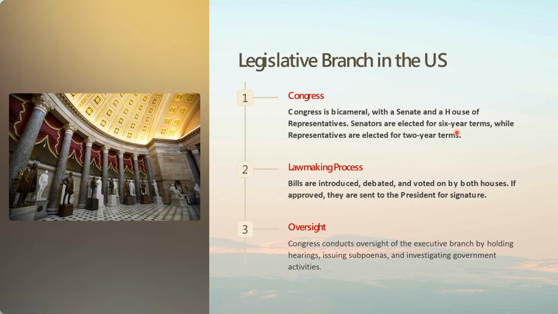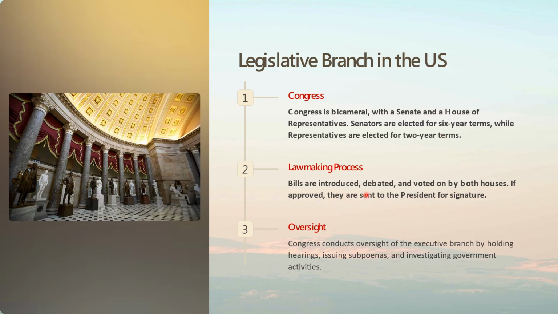Senators are elected for 6-year terms while representatives are elected for 2-year terms. Representatives, elected by the people, serve 2-year terms, initiate revenue bills, and impeach federal officials.